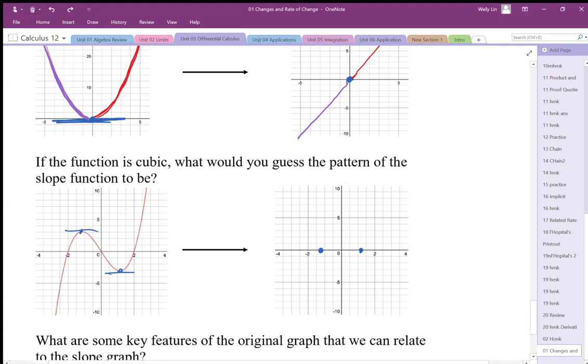Let's do this in green. This is positive slope and it's smooth. Positive slope here and it's smooth. So we should have positive slope up here on this side and positive slope on this side. In the middle, that slope is negative. So in between, we should have negative in here.